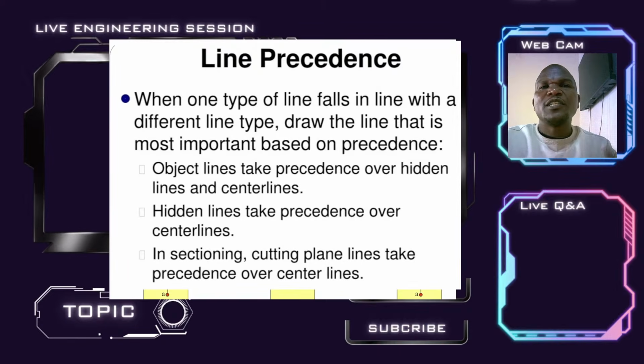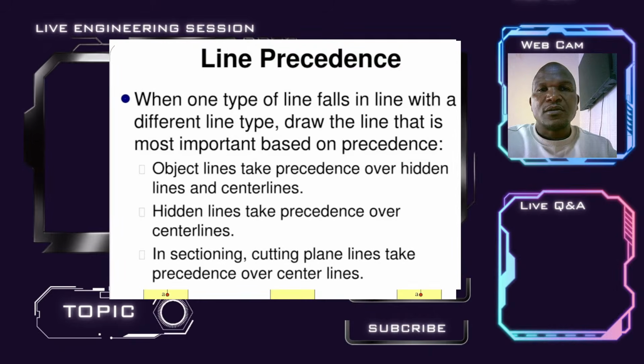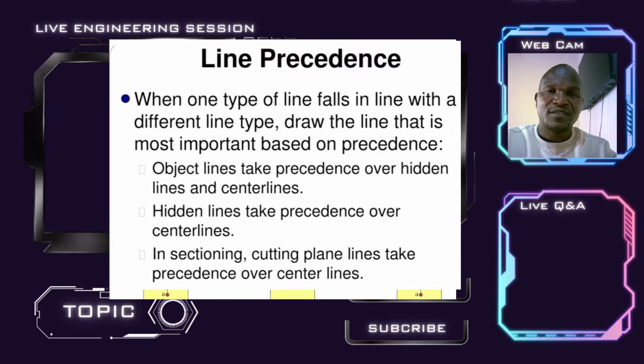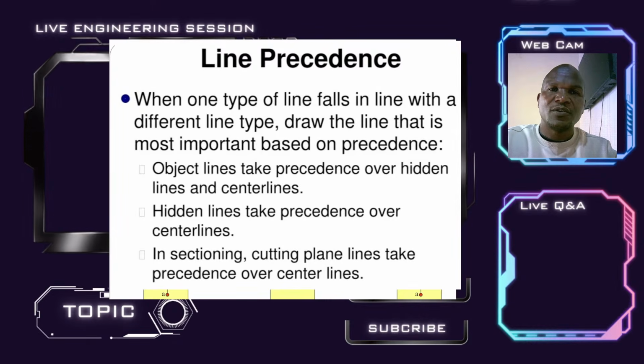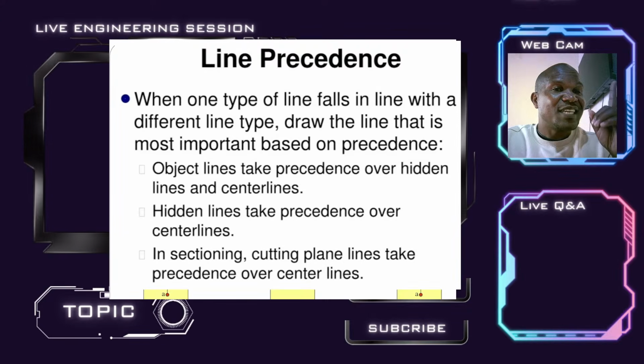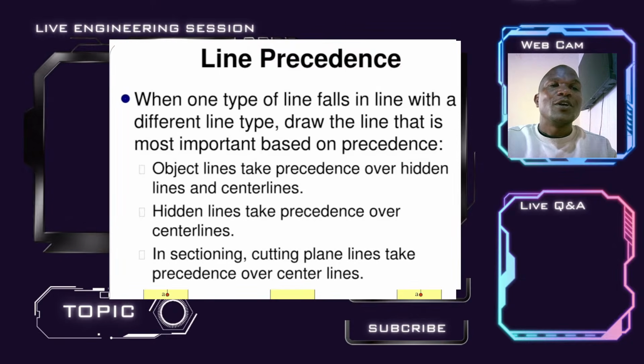So when one type of line falls in line with a different line type, you have to consider what we call precedence. Word ranks in this case. So, one, object lines take precedence. Object lines are the ones that are visible, or the dark lines, or the edges that are visible to you. They take precedence over what we call center lines. So, hidden lines take precedence over center lines.